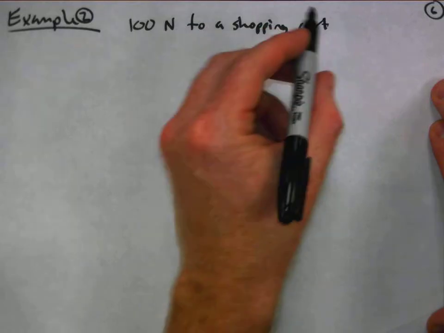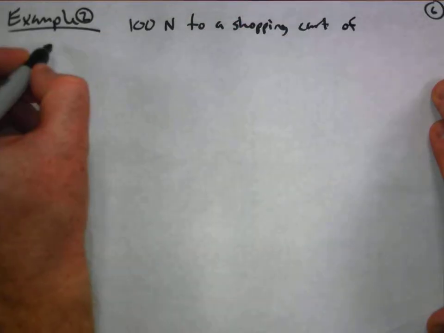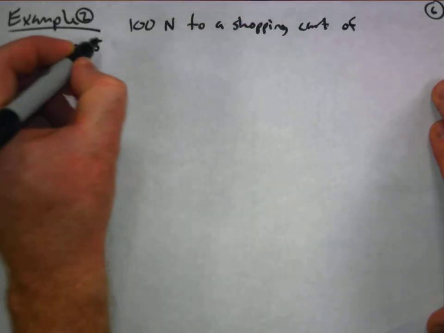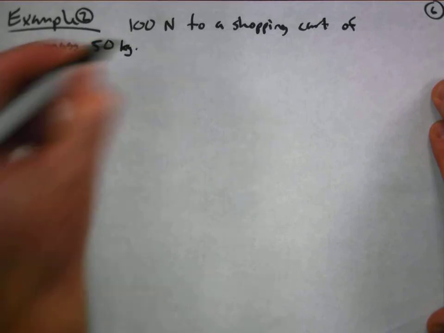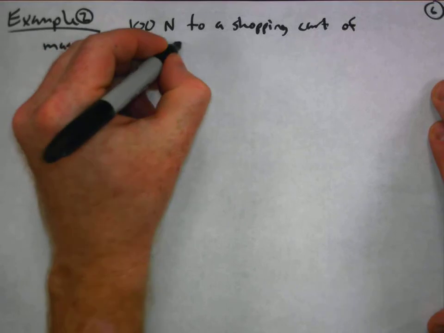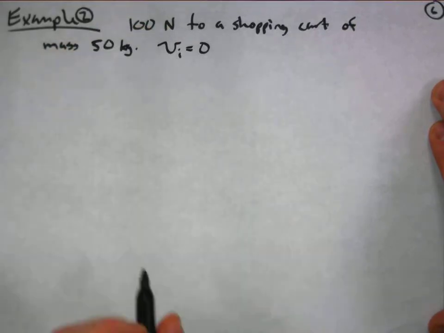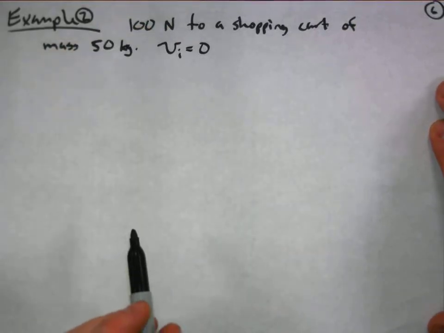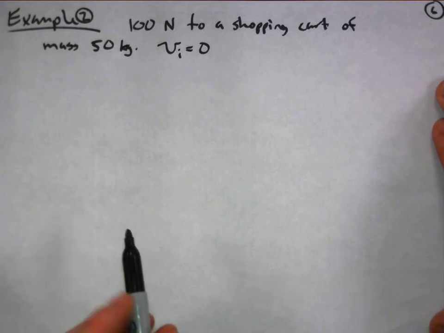It's got some stuff in it. If the shopping cart starts at rest, so initial velocity is 0, what is the kinetic energy after it rolls for 2.5 meters?